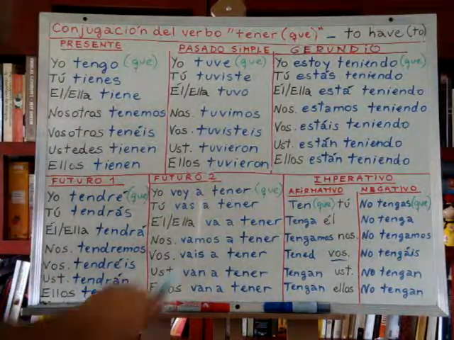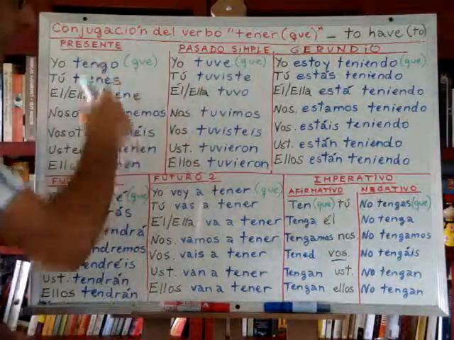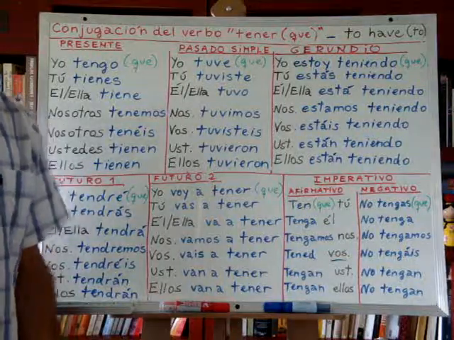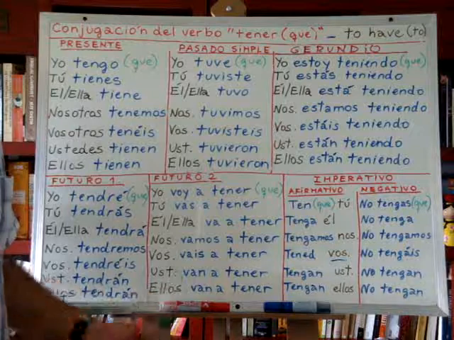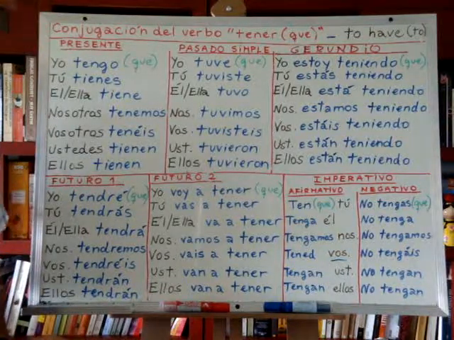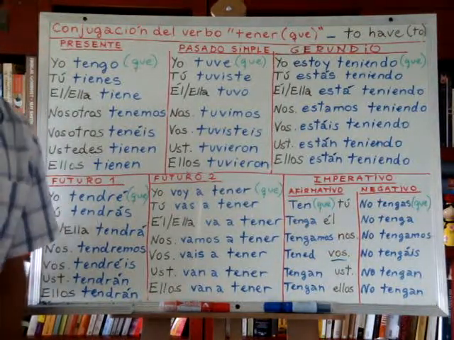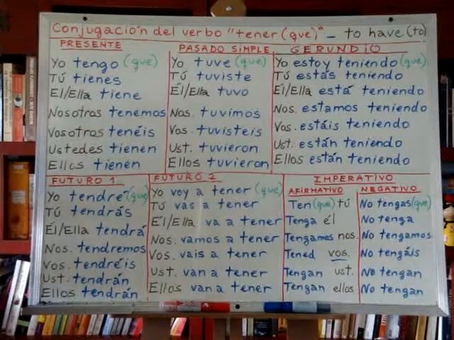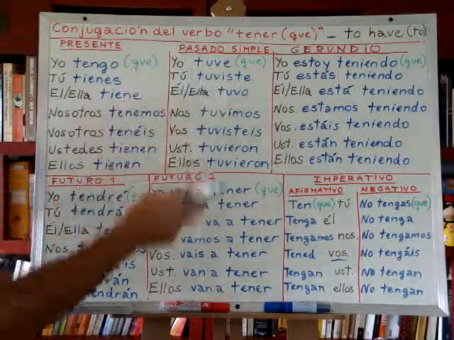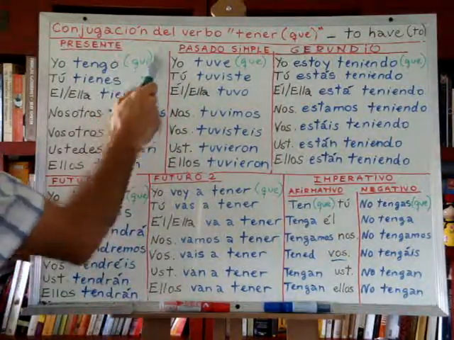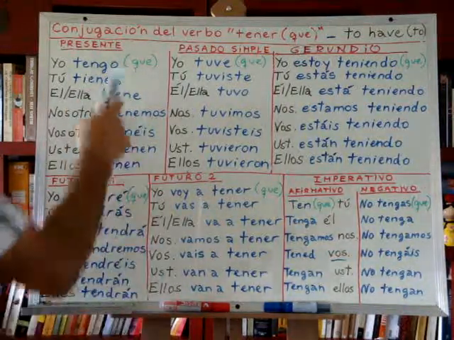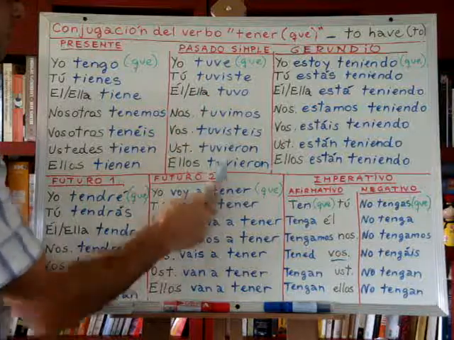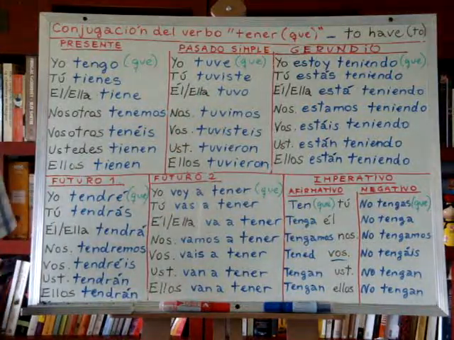So we can treat the verb tener as a normal verb, though it's an irregular verb, and also as a modal verb, okay? If we use it as a modal verb, we have to add the word que after the verb, okay? And it is irregular, so we will give it special attention, okay?